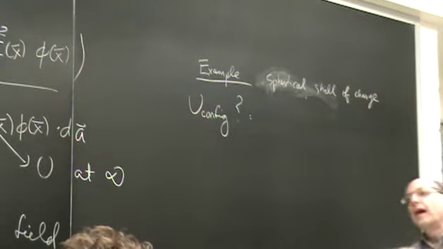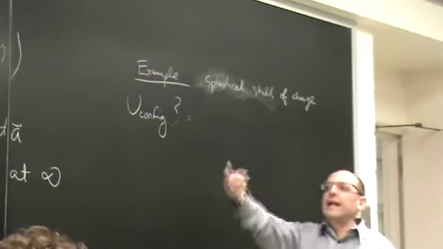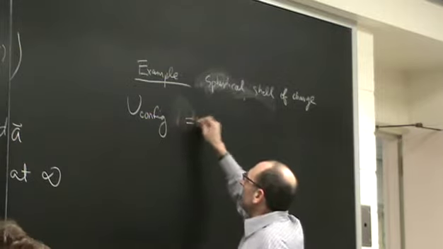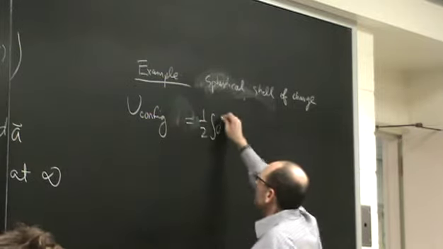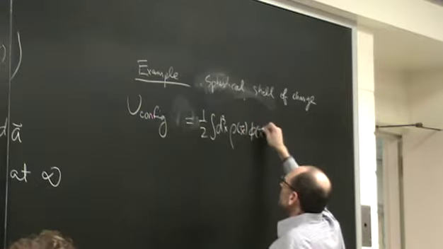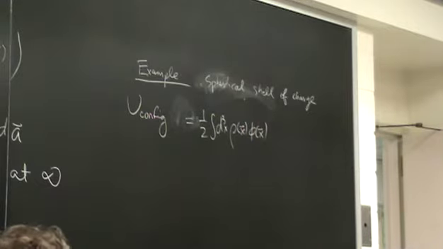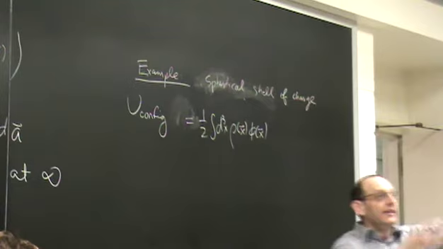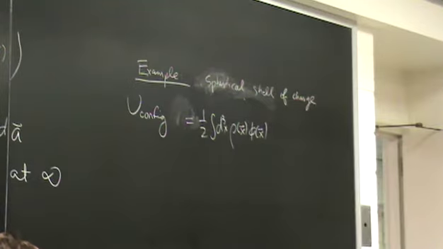Well, we have two different choices. One way we can calculate it is based on that expression. We know the charge distribution everywhere, and we calculated over there the potential everywhere.